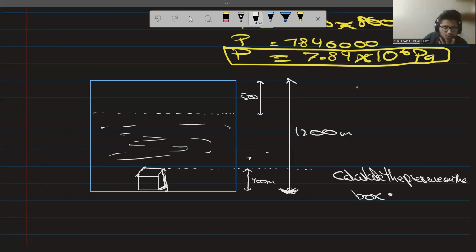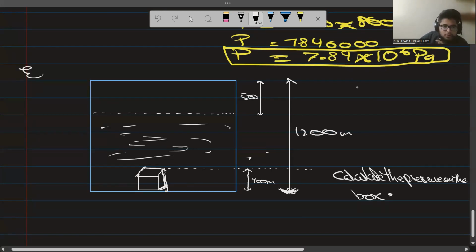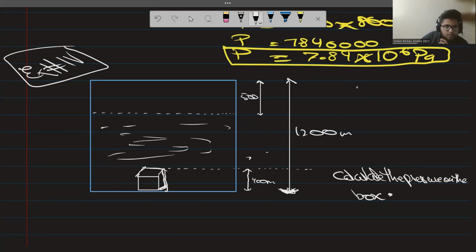In this question, this example, which is number 4, the water is filled till this height, and the height of the box is 400. The total height of this container is 1200, and the air space above the water is 500.